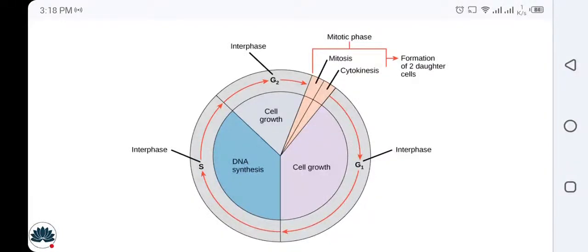So it means that interphase is essential for you to understand, where the G1 or gap 1 phase and the gap 2 phase have simple cell growth, while in the S phase, S means synthesis of DNA, meaning the DNA replicates. Alright, mitosis is the mitotic phase where two daughter cells form, and then cytokinesis. What is cytokinesis? We'll be understanding in this video.